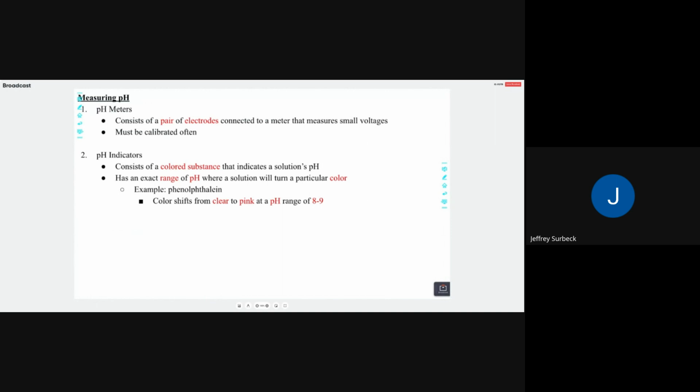Better for us is pH indicators, which we're going to use quite a bit. Basically, every substance has a pH where it changes from an acid to a base. And we really have to do a titration. A titration is going to convert an acid to a base in a very specific format.